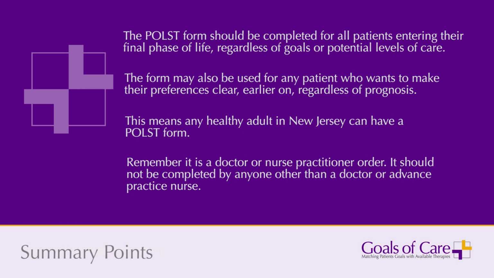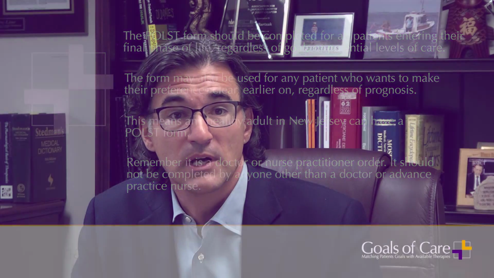Remember that it is a doctor or nurse practitioner order. It should not be completed by anyone other than the doctor or advanced practice nurse. The patient should have a good understanding of the diagnosis and prognosis while completing the POLST form with you. The form is portable across healthcare settings and does not need to be rewritten unless preferences change.